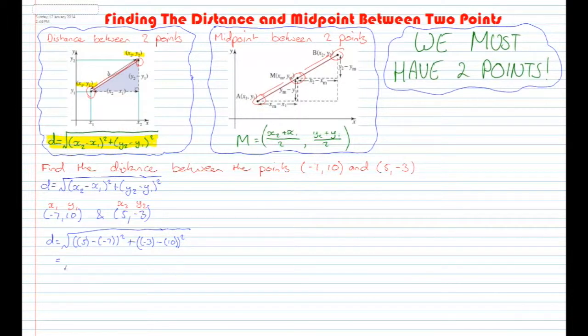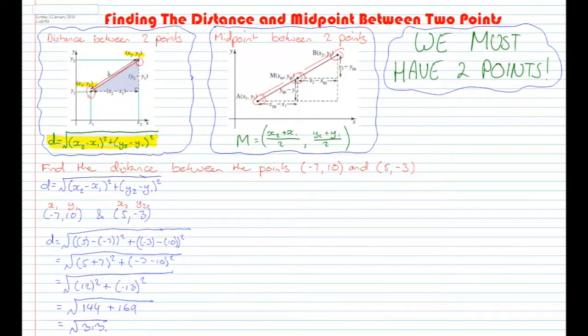This therefore is equal to the square root of 5, the two negatives become a positive, so plus 7 squared plus, in brackets, -3 minus 10, all bracket squared, which of course is equal to the square root of 5 plus 7 is 12 squared plus -3 minus 10 is -13 squared, which is equal to the square root of 12 squared is 144 plus -13 squared is 169, which is equal to the square root of 313.